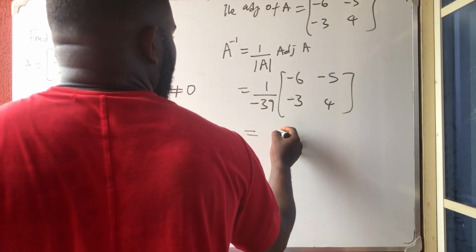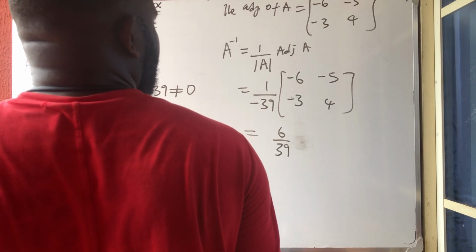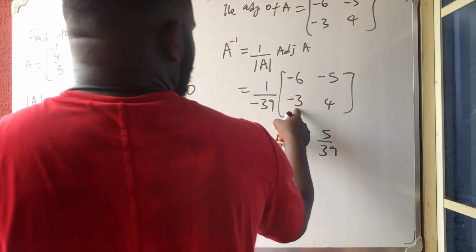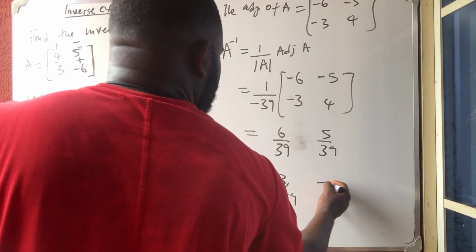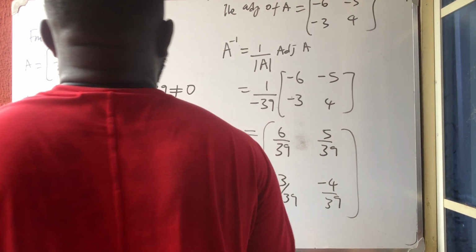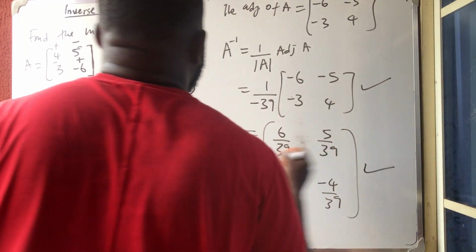This will give you 6 over 39, because minus will take care of minus. The next is 5 over 39, then 3 over 39, and the final one is minus 4 over 39. So this is the inverse of this matrix, or you leave it like this. This can be the answer.